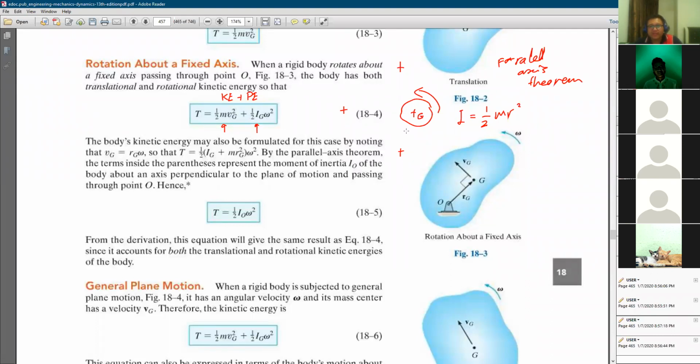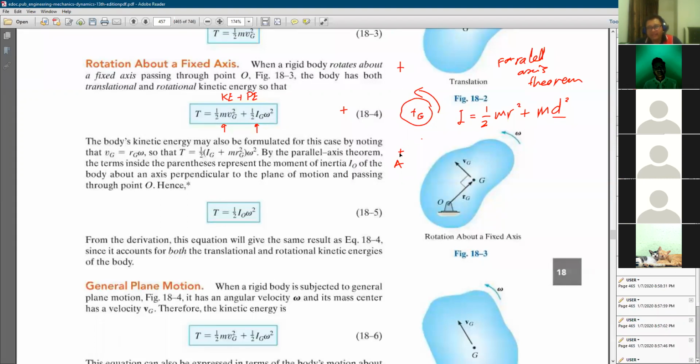For example, if the axis of rotation is here at A, meaning that this object will move like that, orbiting this point A, and therefore this term you need to add m d square. D is the distance from G to A.